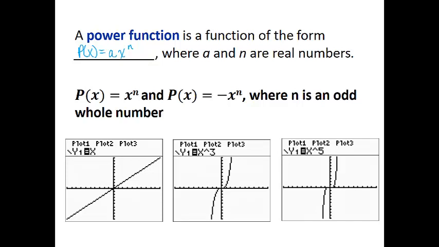Notice also that the graph behaves differently as we go to the ends of the x-axis. As x gets larger and as x goes to infinity, notice that the graph to the right is going up. As x gets smaller and goes to negative infinity, the graph is going down.